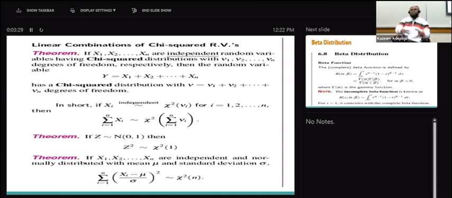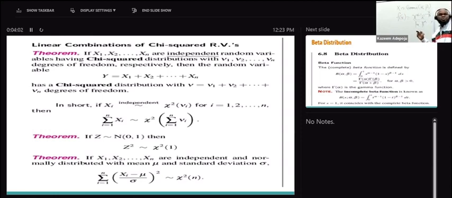And from gamma distribution that I gave you the other time, I remember when I was giving a gamma distribution, if X follows gamma with parameters alpha and beta, f of x is equal to x raised to power alpha minus 1, e raised to power minus x over beta, divided by gamma of alpha, beta raised to power alpha, for x greater than 0, alpha greater than 0, beta greater than 0.